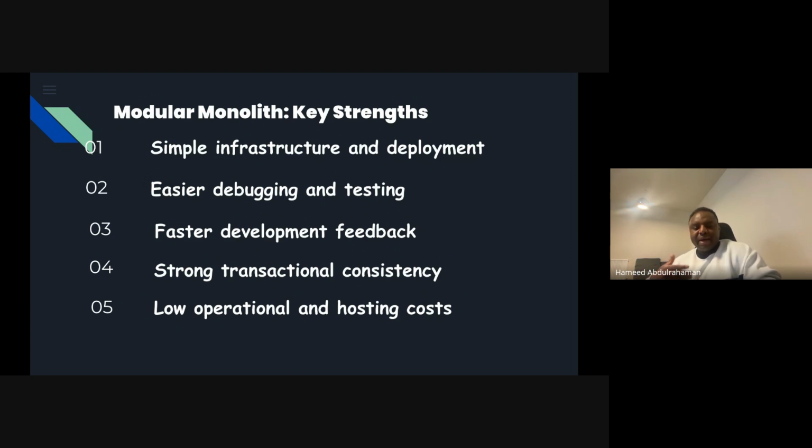And you have faster development feedback. So when you send out a feature in this architectural pattern, a monolithic application, it's easier to get feedback because you can quickly develop this feature in that particular application and ship to your users.